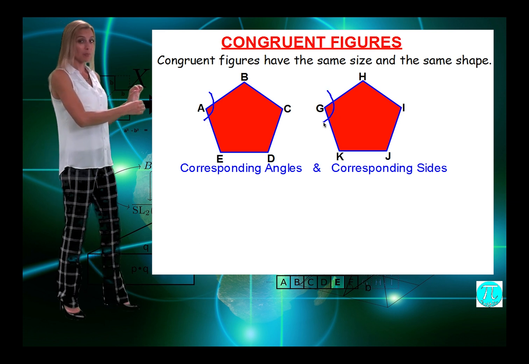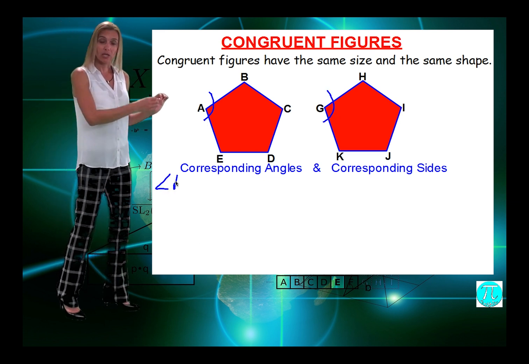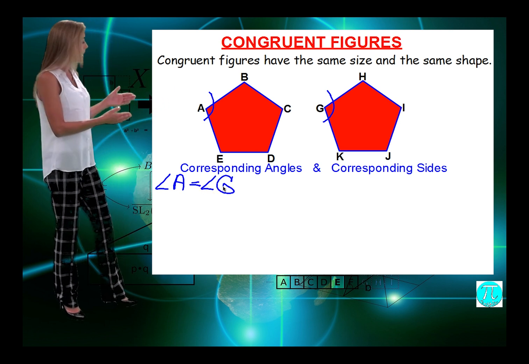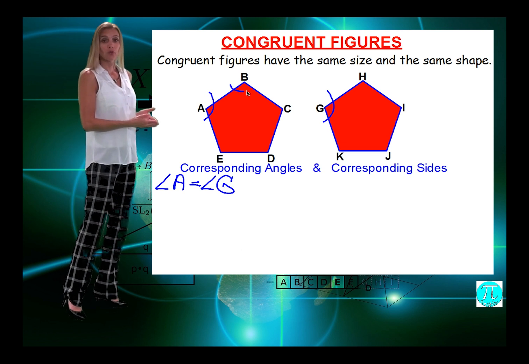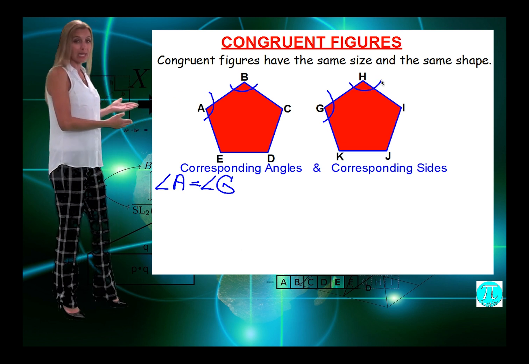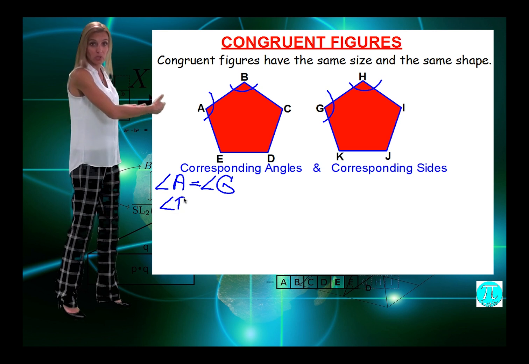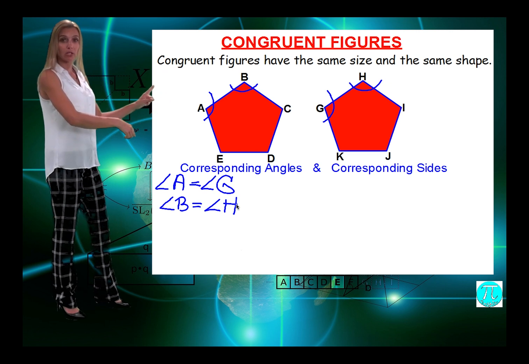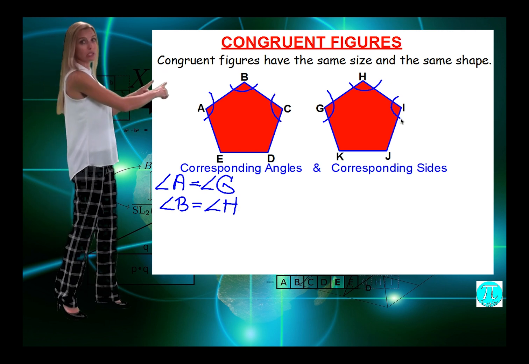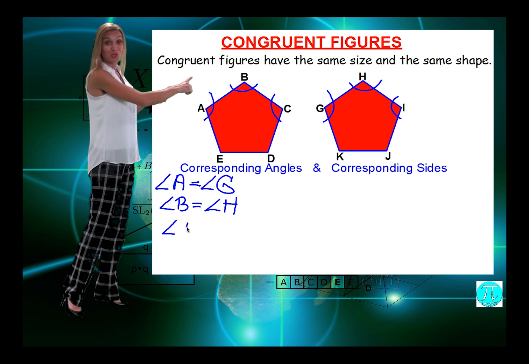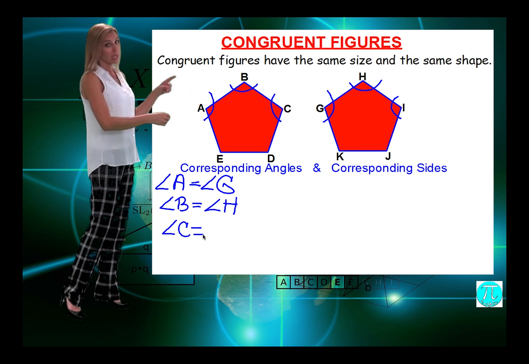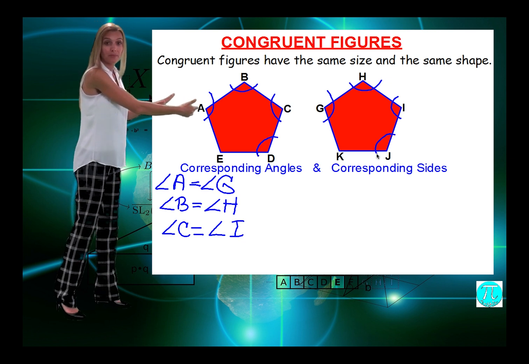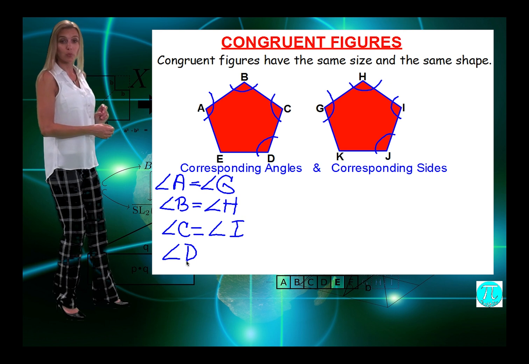And if they're the same shape, let's see if they have the same size. If they do, our angles have to be identical. So I have to have congruent angles. For instance, the angle A has to be congruent or identical to angle G. The same thing goes for angle B. That has to be congruent or identical to angle H. Angle C has to be the same as angle I. Then we have two more angles.